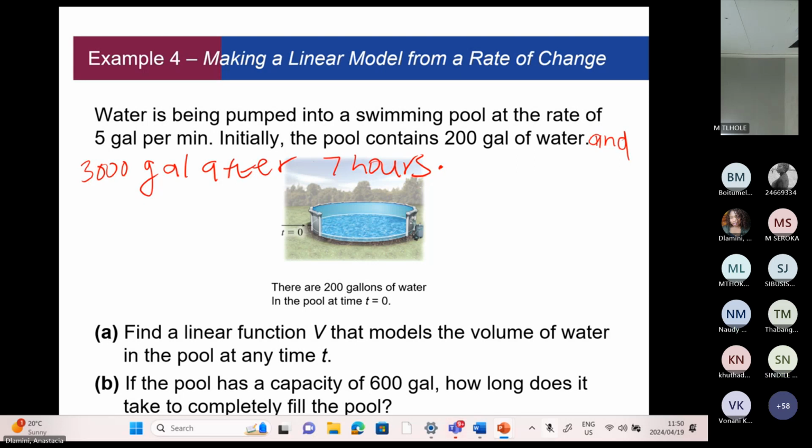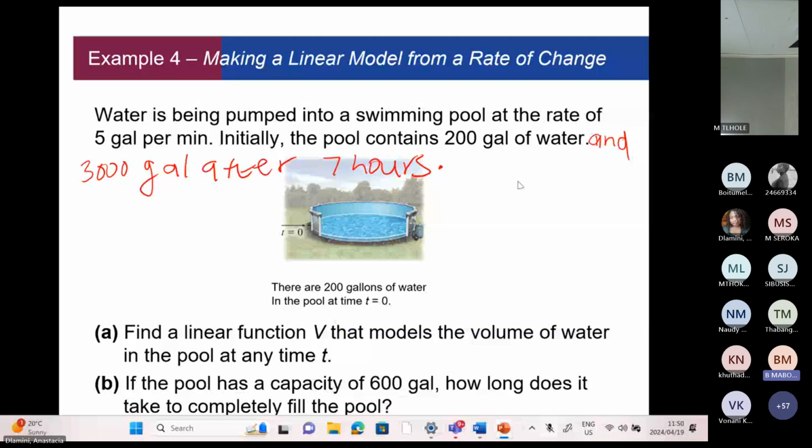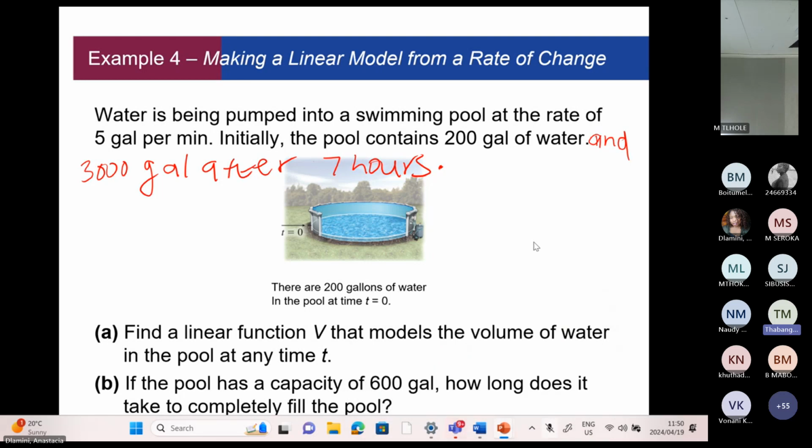And then, guys, is our f of x not equal to 200? I sort of agree with him, because if V is the volume of water, they've already told us that there's 200 gallons and there's 300 gallons. I think we should substitute the V for the gallons of water that we are looking to calculate.